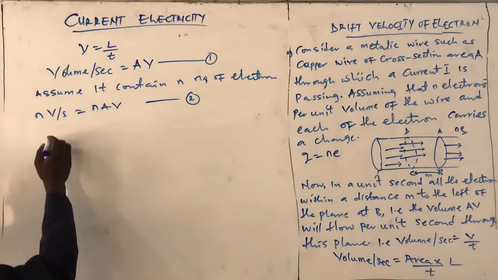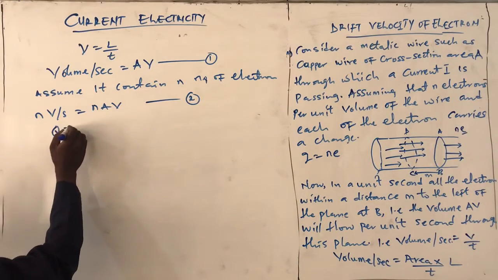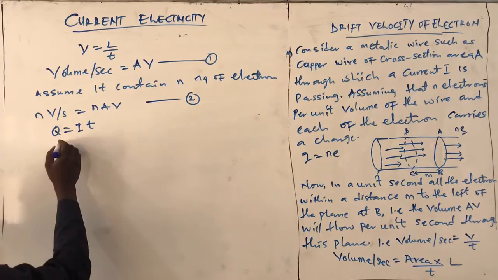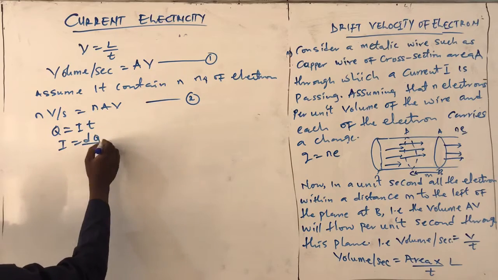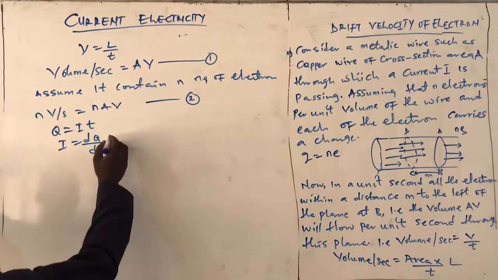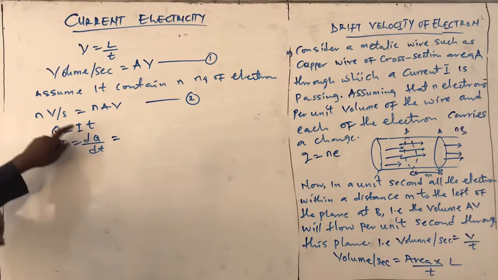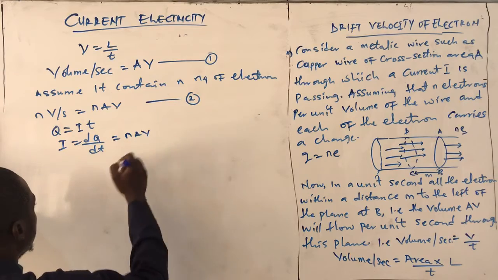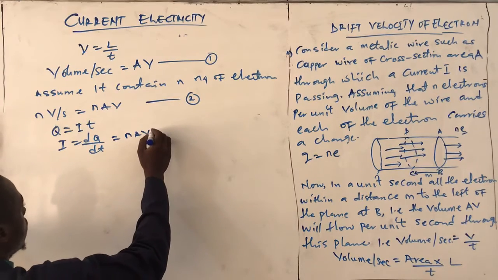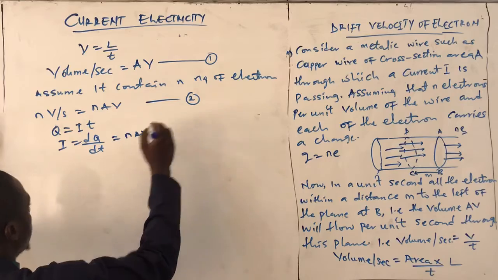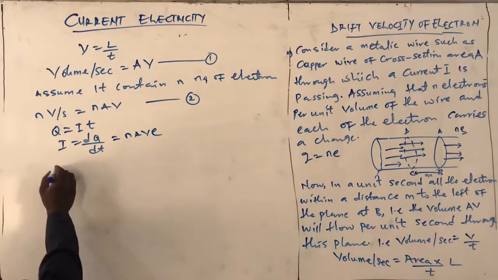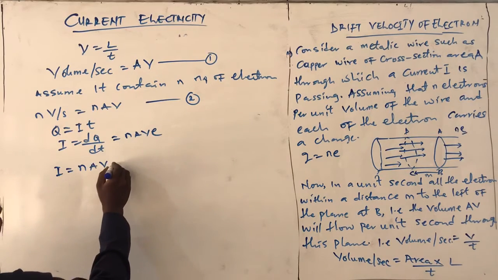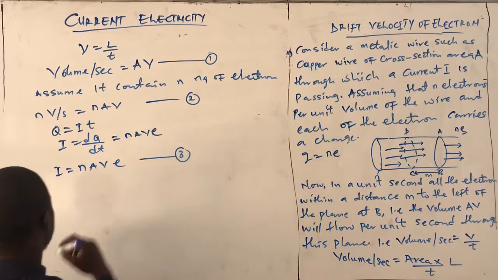And we also know from our formula that Q is equal to IT. Therefore, I is equal to Q over t, which is the same thing as NAV with the charge e, NAVE. So, therefore, the current produced inside this thing is equal to NAVE. Let's say this one is equation 3.